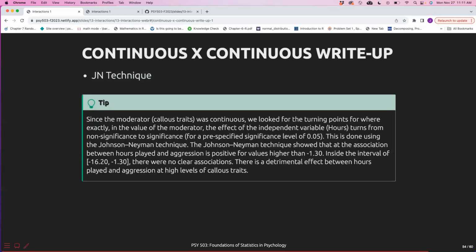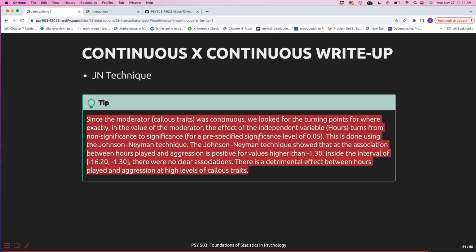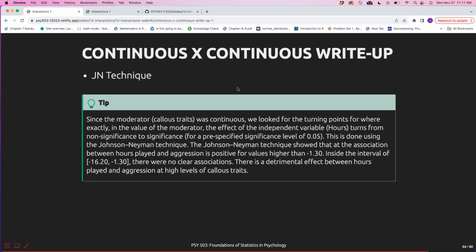Inside the interval of negative 16 to negative 1.3, there was no clear association, or the effect was non-significant. Overall, there seems to be a detrimental effect between hours played and aggression at high levels of callous traits. This is a sample write-up of the Johnson-Neyman procedure if you're going to use that for your analysis.